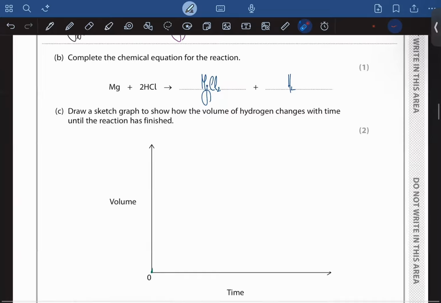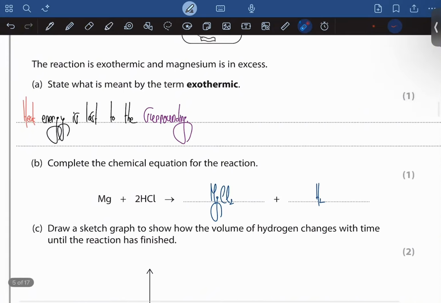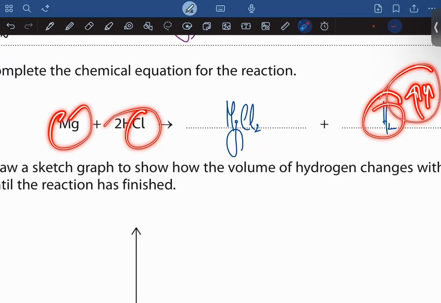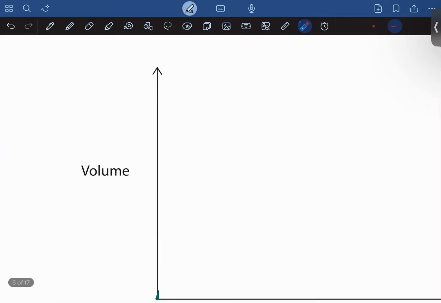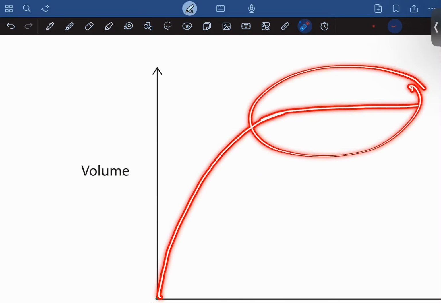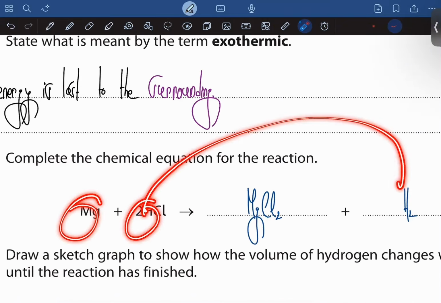Now draw a sketch graph to show how the volume of hydrogen changes with time, right? So as the reaction progresses, this and this leads to the formation of hydrogen, which means that the volume of hydrogen is going to increase, and then it is going to be in this curvature form. Now, why basically is this curvature form? Because this and this are reacting together to form hydrogen.